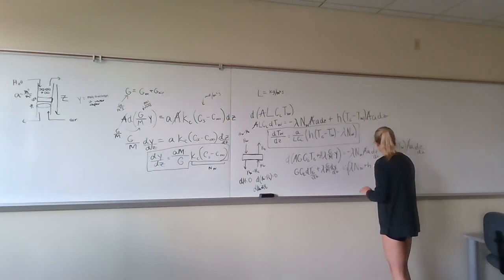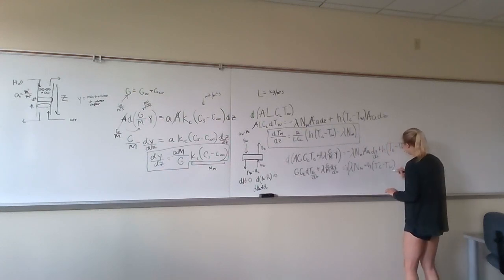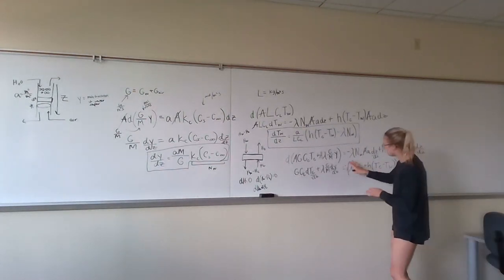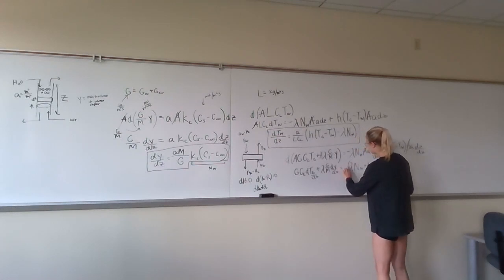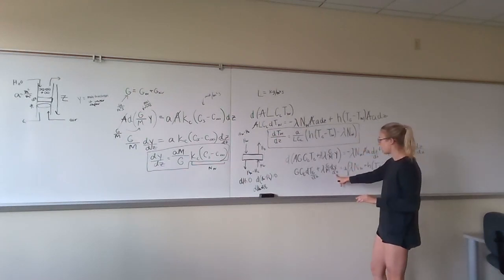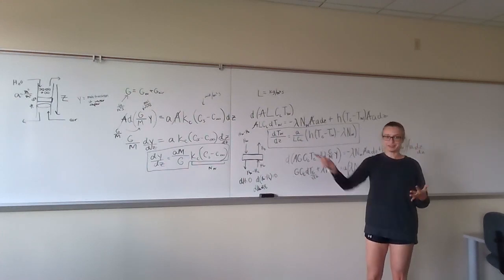Plus H times the temperature of the gas minus the temperature of the water. Okay, so here we have each side of this equation. And when I see this dy/dz, I get really happy because we've already solved for that over here.